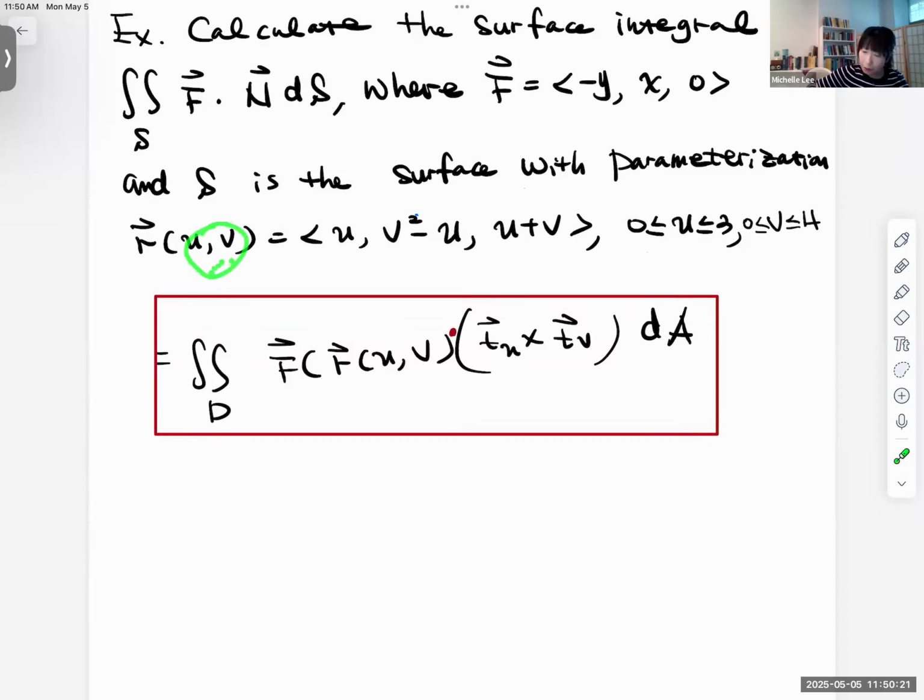So with R of UV, we have negative y, where this is x, y, z. So if we have a negative y, we put the negative, so negative v squared, positive u.